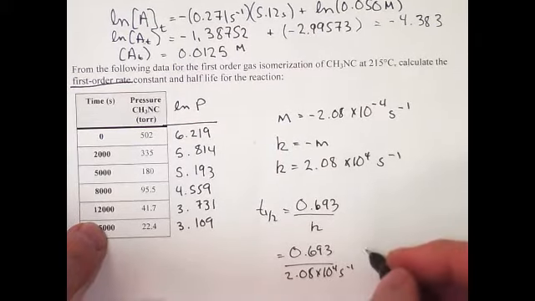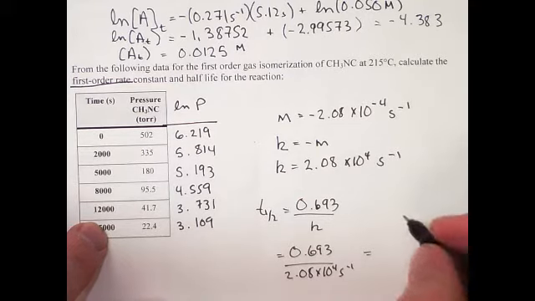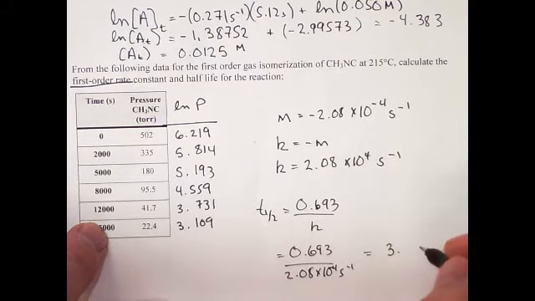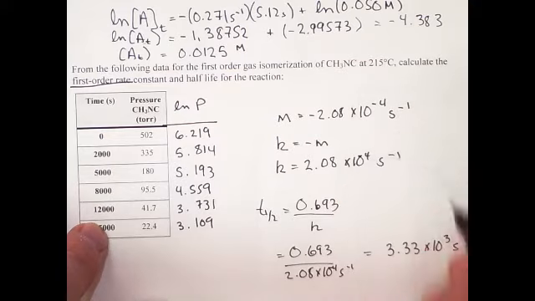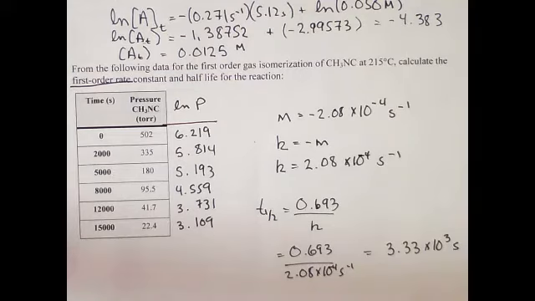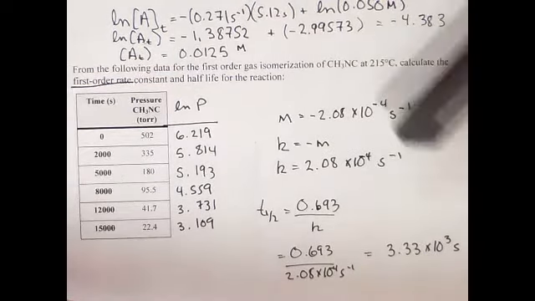And that's going to give me a half-life of 3.33 times 10 to the 3 seconds. So negative 4. Those should both be negative 4s. That's simply how you would use integrated rate laws to do that particular type of problem.